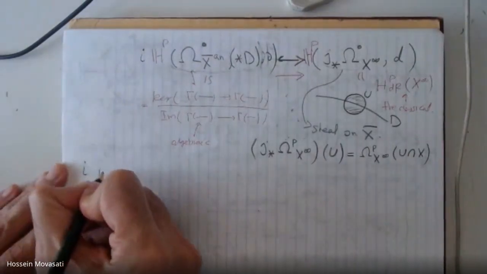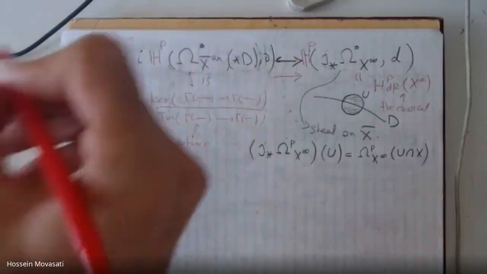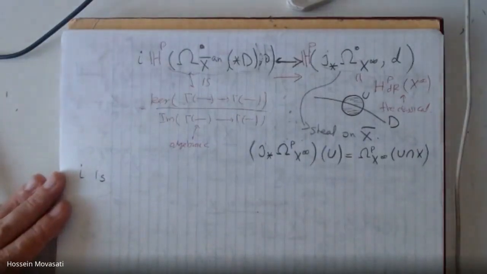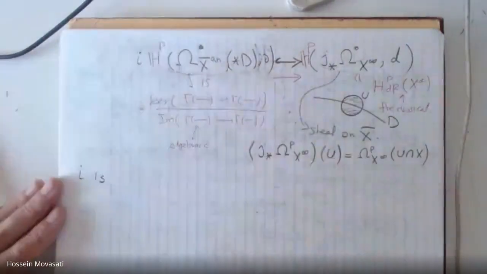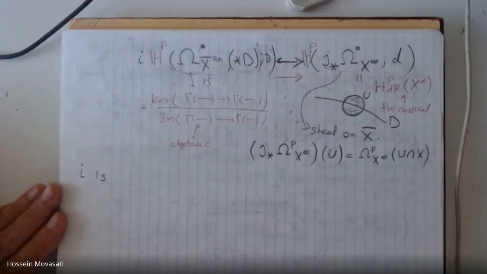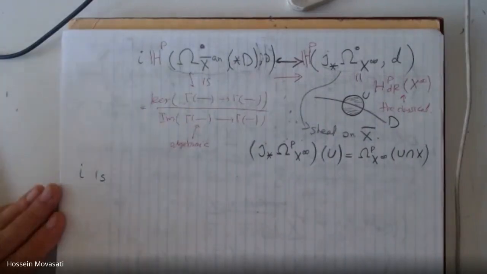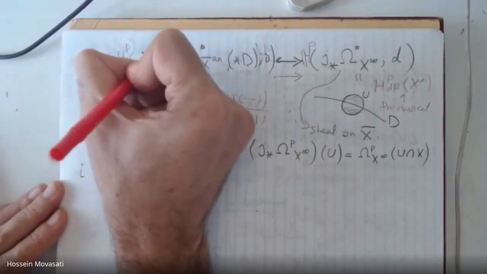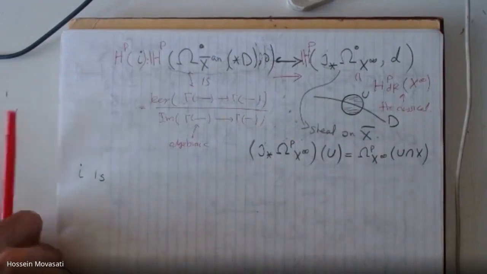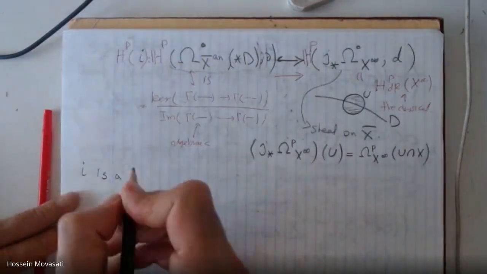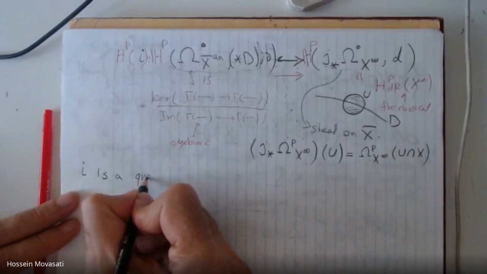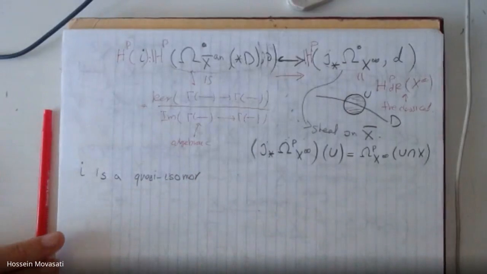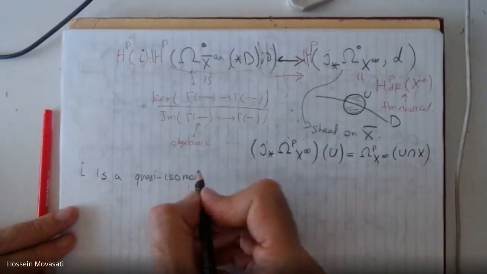When I take the hypercohomology, HQ, that actually HPI, I is a quasi-isomorphism. So in the rest of my lecture, I will just try to explain what a quasi-isomorphism is.